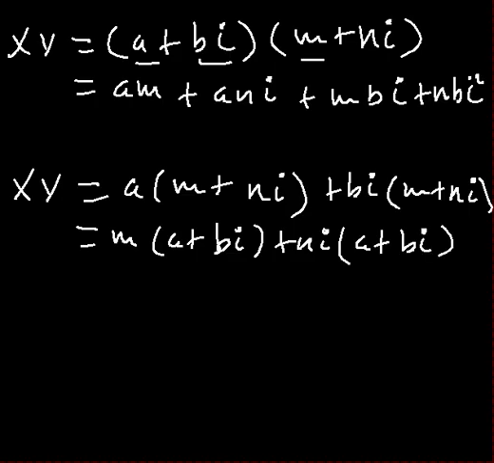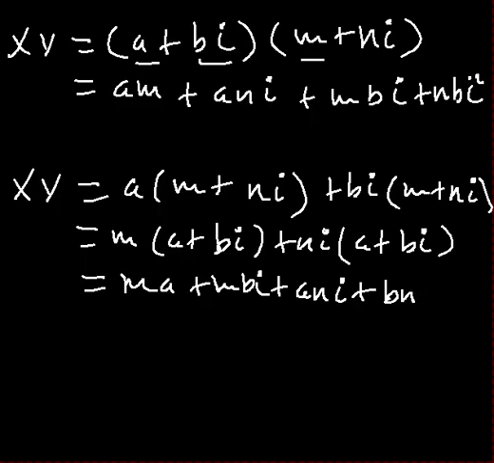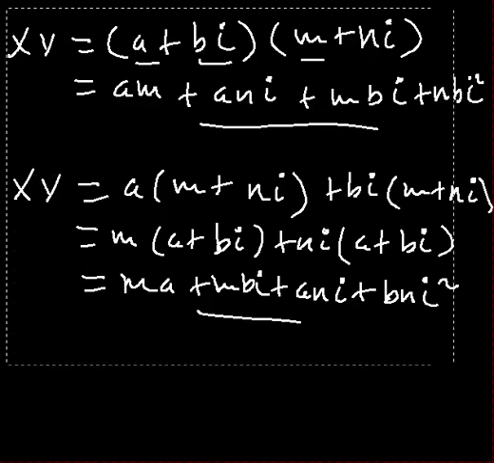I can have it as ma plus mbi, plus ani and plus bni squared. Thus we can have it that way. As you can see, it is the same as what we obtained here. So that's the beauty of it.